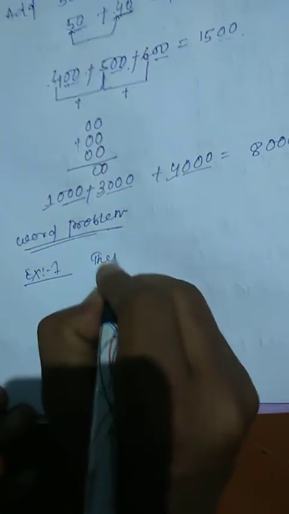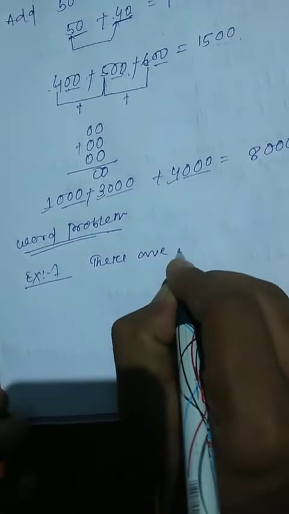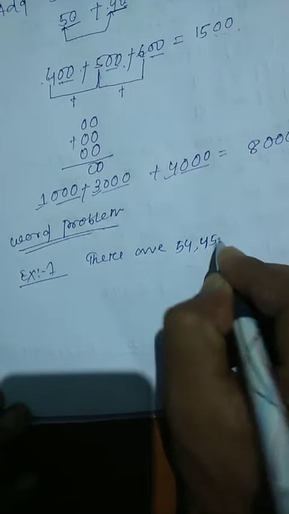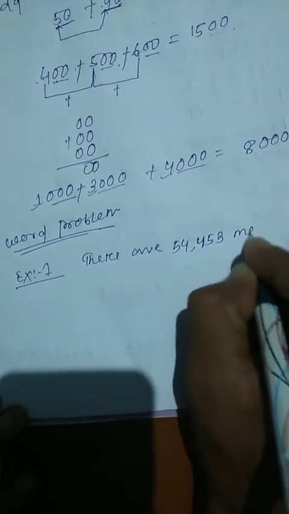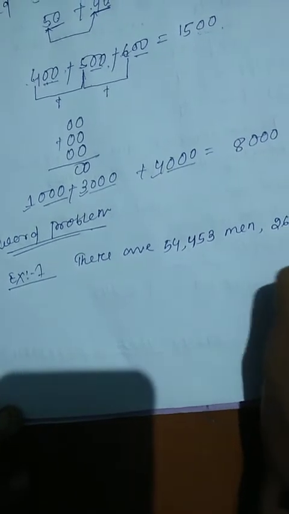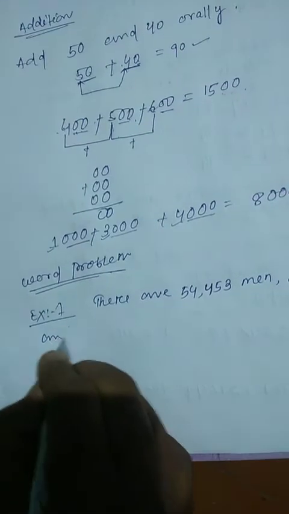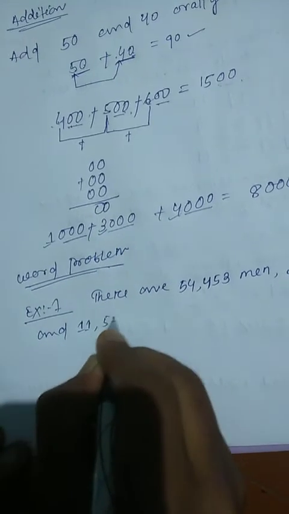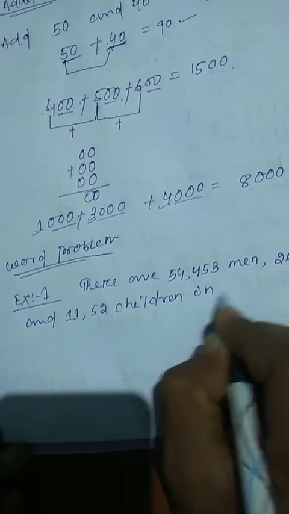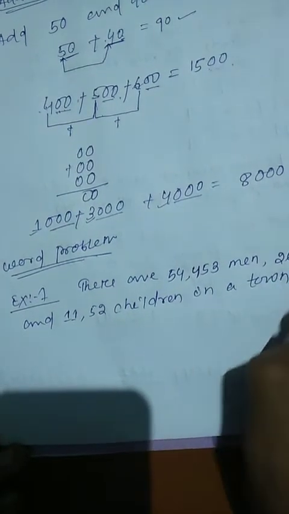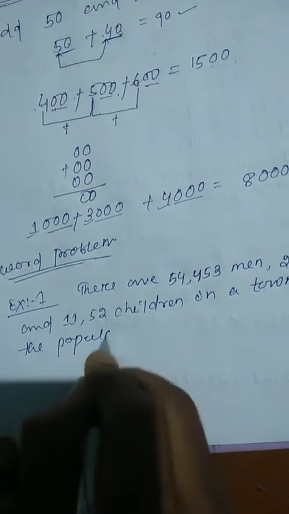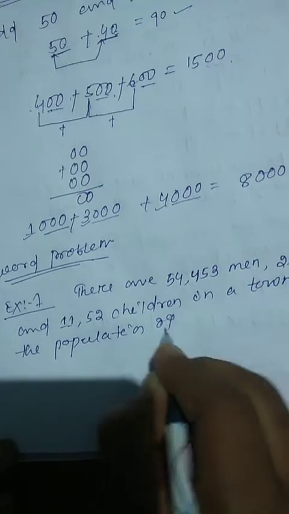Suppose one question is given: there are 54,453 men, 26,725 women, and 11,052 children in a town. Find the population of the town.